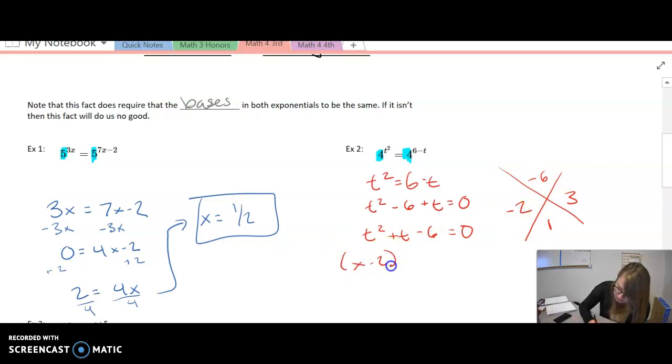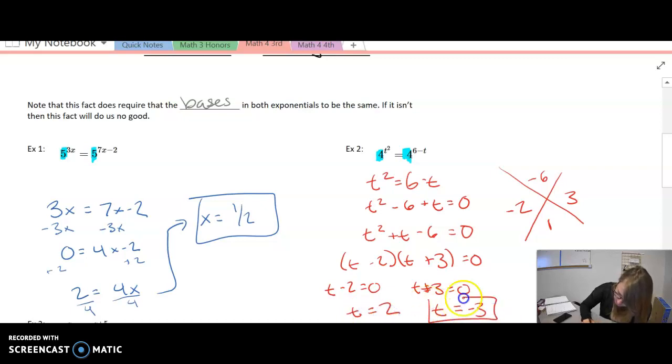So we have t minus 2, t plus 3 equals 0. And then we set them both equal to 0. We get t equals 2 and t equals negative 3. So that one had two solutions, but still got us the same process.